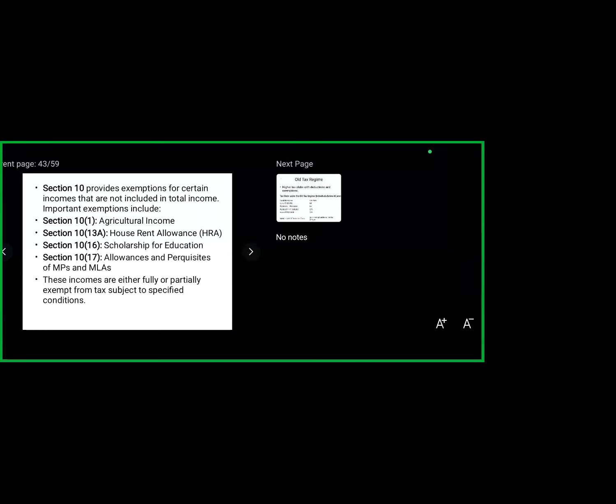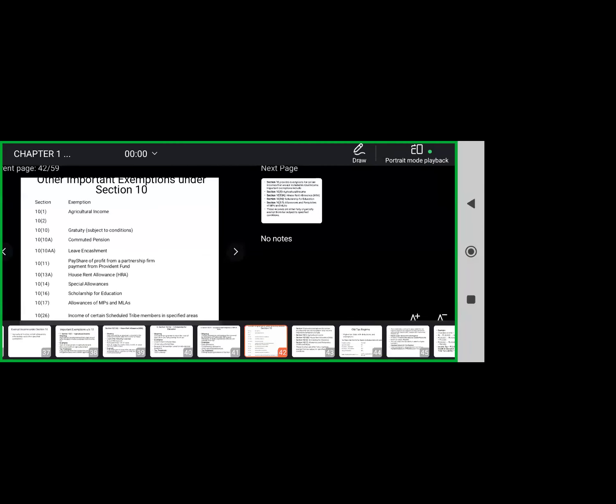Nowadays, another part which we have into consideration, that is after considering this gross total income and calculation of taxable income, how to think of taxation. Now, the taxation part can be calculated with old regime and new regime.